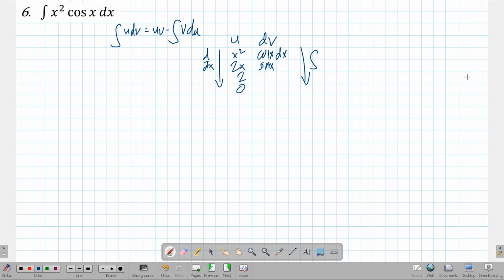Then the integral of sine x, as we all know, is negative cosine x. And the integral of negative cosine x would become, if I'm not mistaken, negative sine x. Here you go.